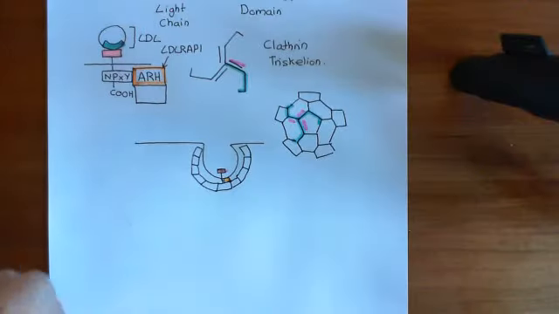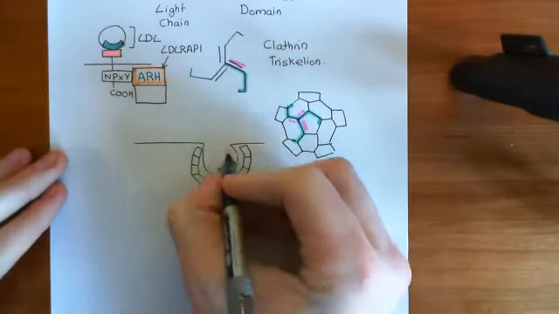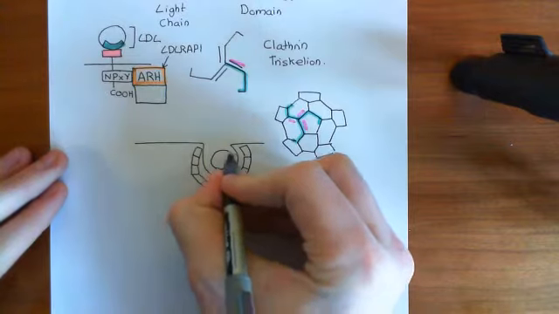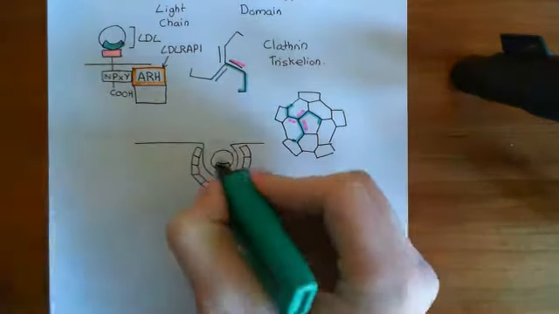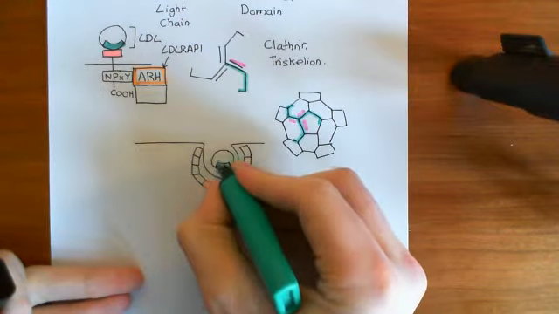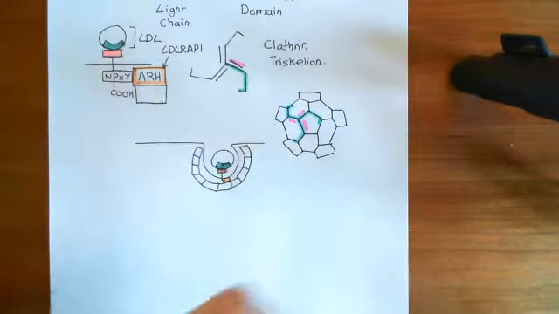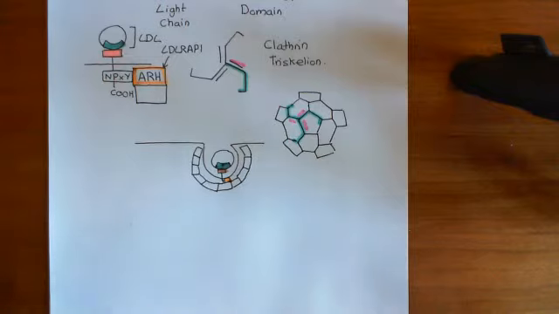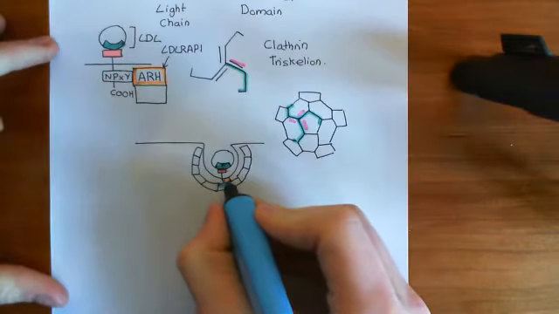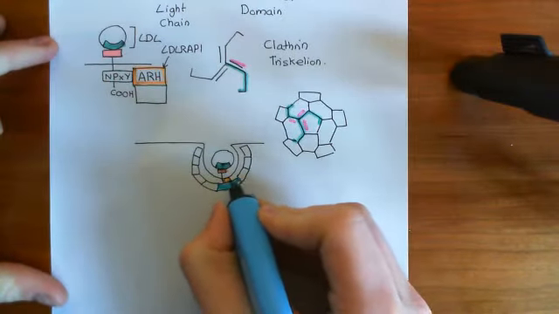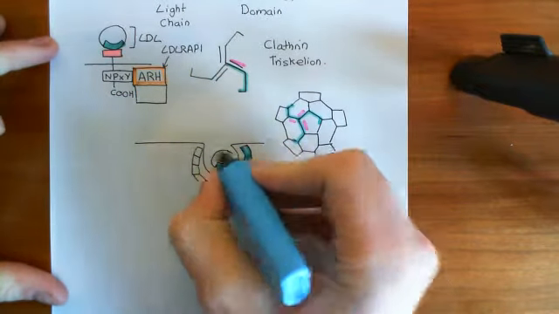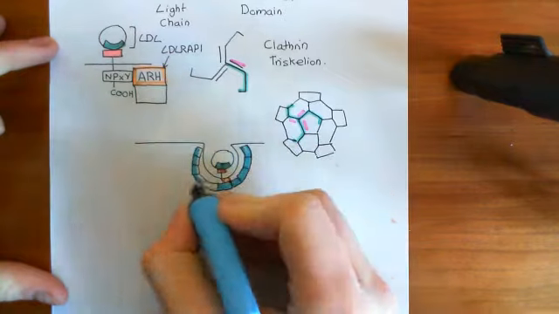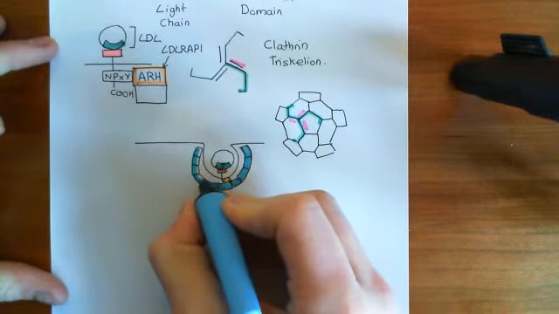Okay, we need to put in our LDL molecule, that's very important, so that's here, with the apolipoprotein B100 sitting there, and now we've also got these clathrin molecules attached to the LDL receptor adapter protein 1, which have polymerized into this large structure here now. So they're starting to form a buckyball, basically, which is pinching the membrane off into a vesicle.